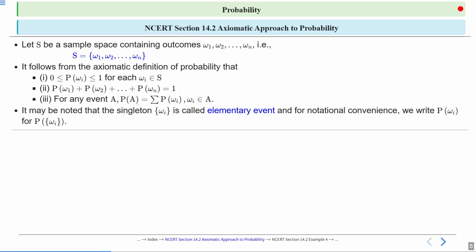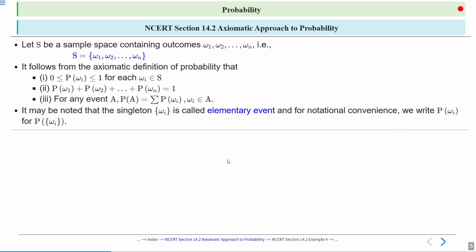So the singleton set omega i has only one sample point. And for notational convenience, we write P of omega i instead of P of the set omega i. Clear?